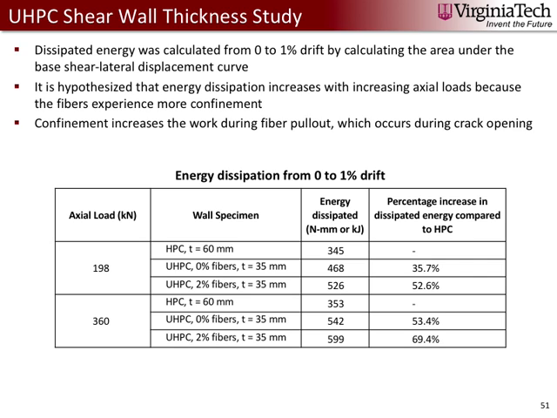And again, we reached the conclusion that UHPC has a higher dissipated energy even with that decreased wall thickness, and higher still with the addition of fibers, and the increase in axial load results in an increase in the dissipated energy, again due to the effects of confinement.